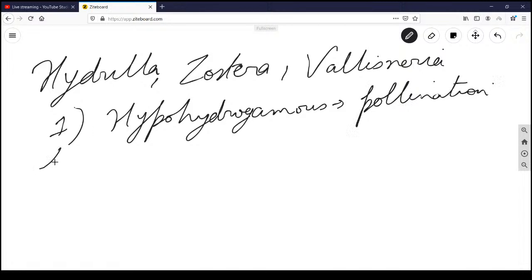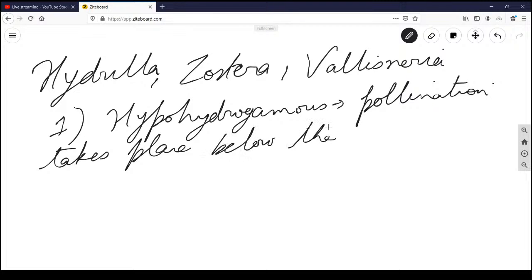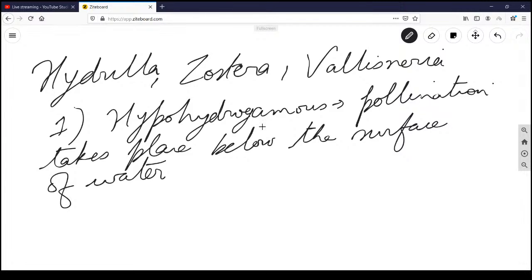Pollination takes place below the surface of water. Okay, that is known as hypohydrogamous. Now, what you have as an example is zostera. Okay, zostera is the prime example here.